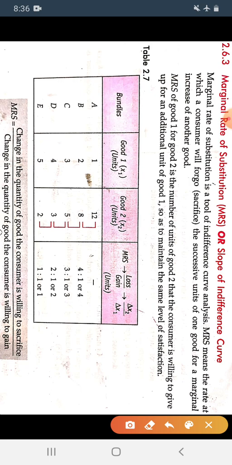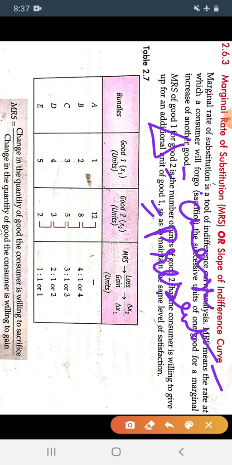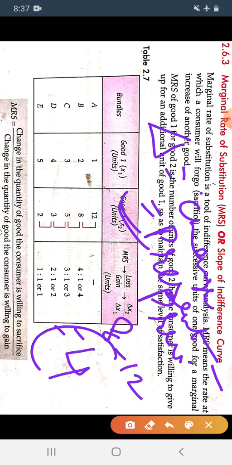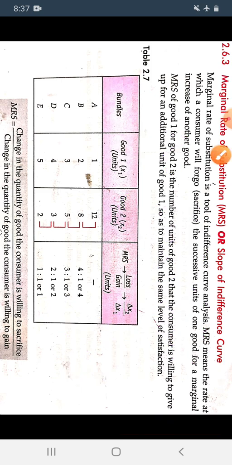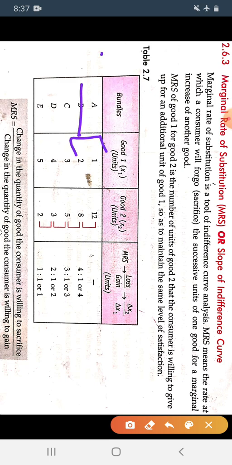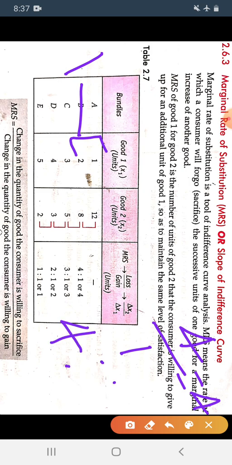Delta shows the change, present minus previous. For good 2, present is 8 and previous is 12, so it is 4. For good 1, the change from 2 to 1 is 1. So the ratio is 4 upon 1.